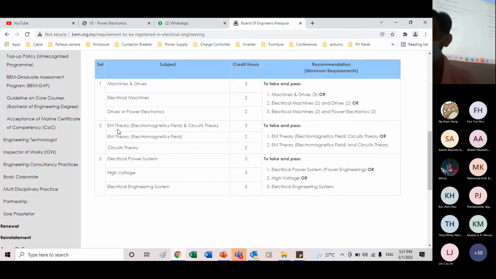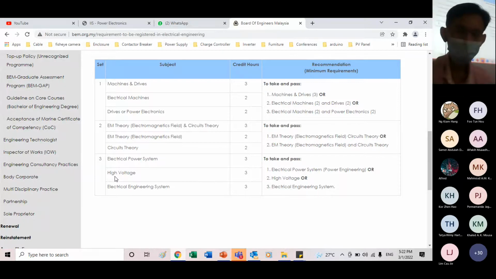If you don't have two, never mind. You must have at least one. Circuit theory. Electrical power system, in our case we call power system. High voltage. We have energy conversion and high voltage. And they have another called electrical engineering system, which is the electrical power.